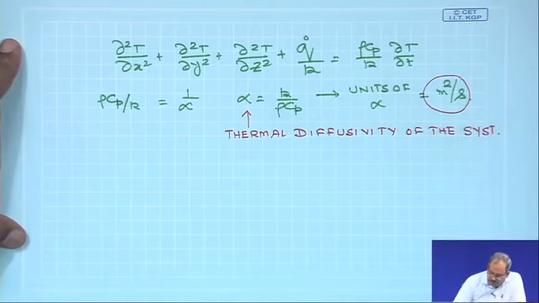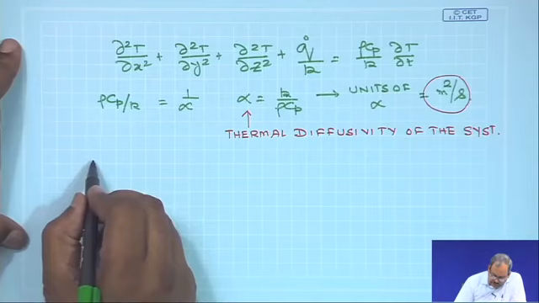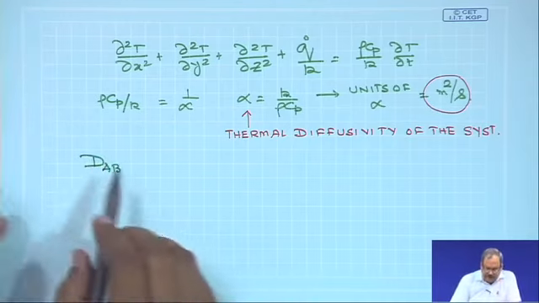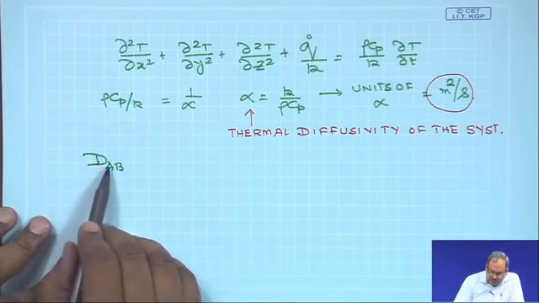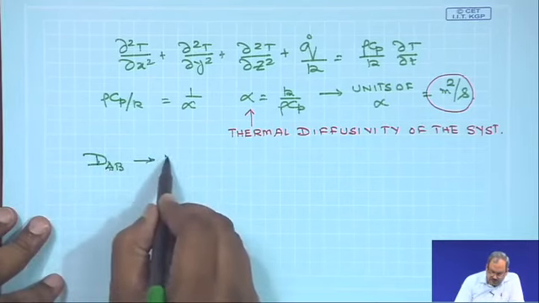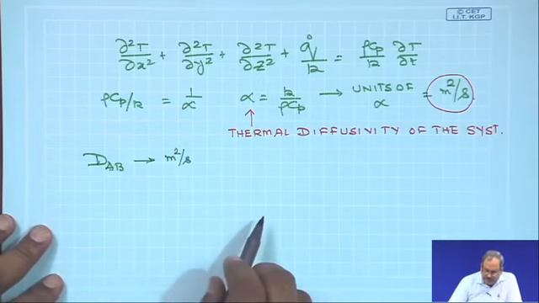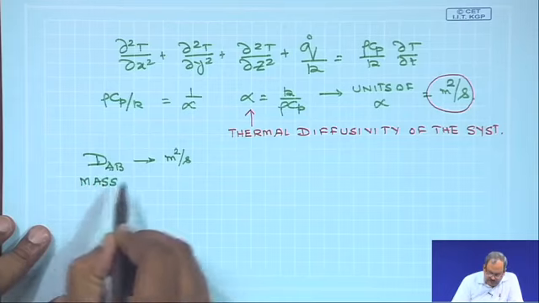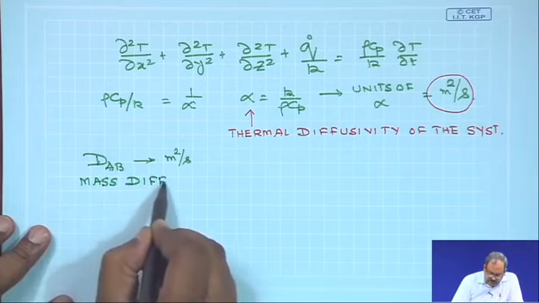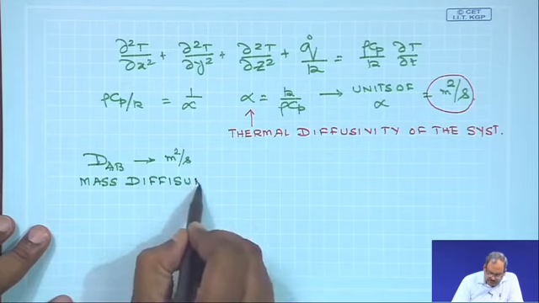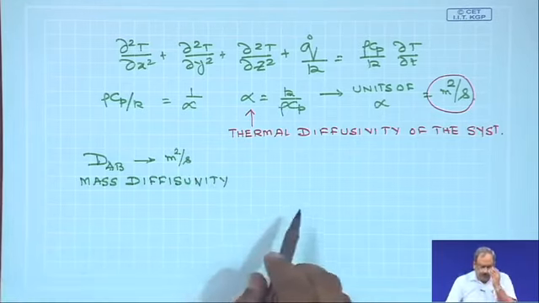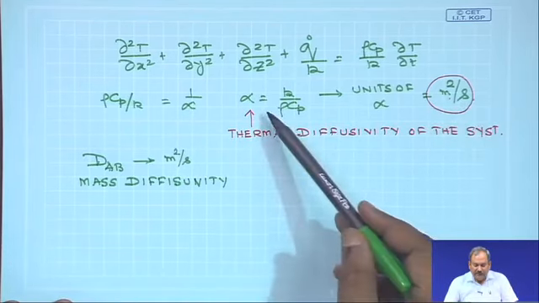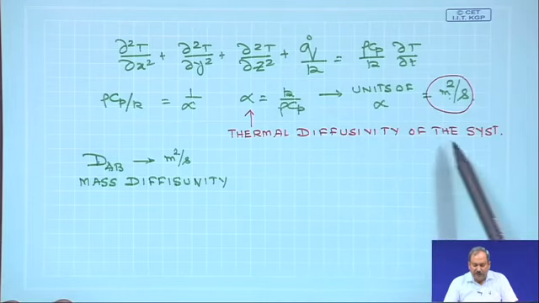If you would probably read later on is the mass diffusivity, which is denoted by DAB, the diffusion coefficient of A in B, which also has units meter square per second. So, this DAB, which we more commonly call only diffusivity, is simply the mass diffusivity, but here we have a quantity which also has meter square per second, and that is why it is known as thermal diffusivity of the system.